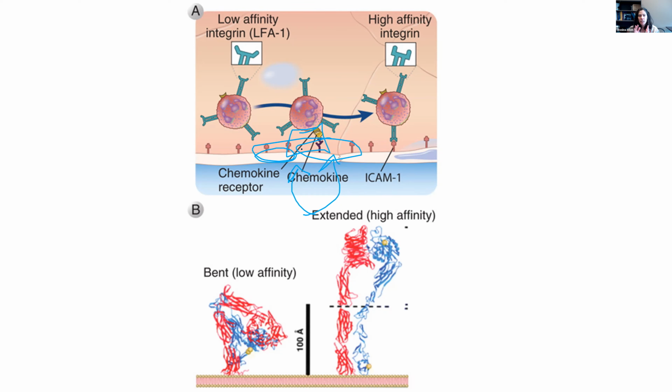And that actually gets the leukocyte prepared to stop by activating the integrin. The integrin is just a protein on the white blood cell. When it gets a stronger signal from the chemokines, it will prepare to stop.